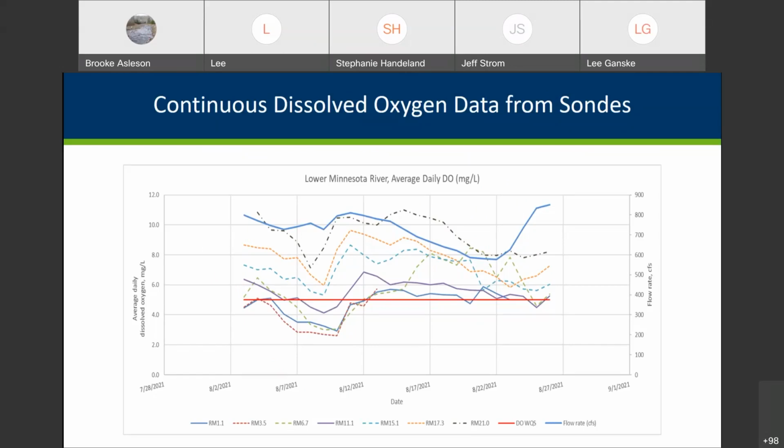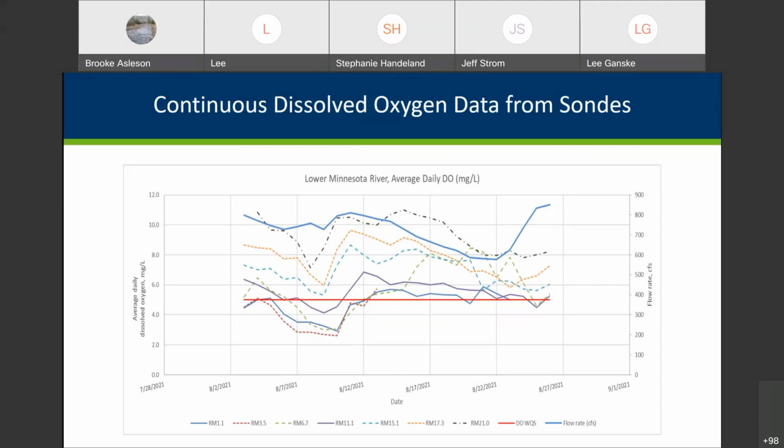All of the dotted lines are the individual sondes, the 7 that we deployed, and you can see that 4 of them dip below the red line, meaning that dissolved oxygen was less than 5, which is the standard we're comparing it to.